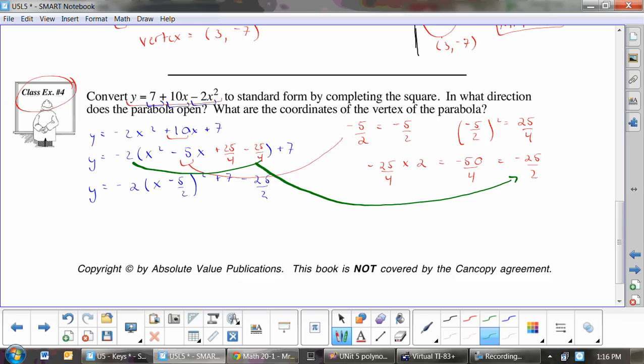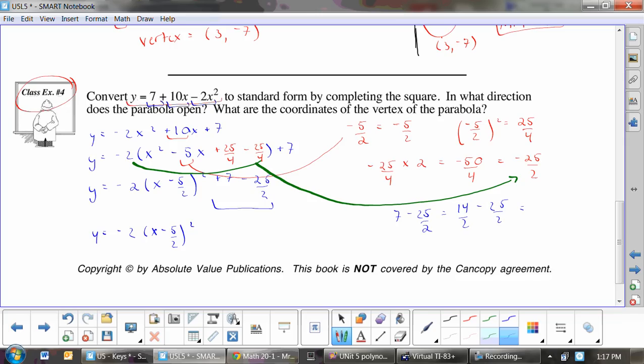Okay, so the next thing we have to do is simplify it, right? The last thing to simplify is just this stuff at the end here. But everything inside the brackets is already dealt with. Okay, so 7 minus 25 over 2 is the same as 14 over 2 minus 25 over 2.